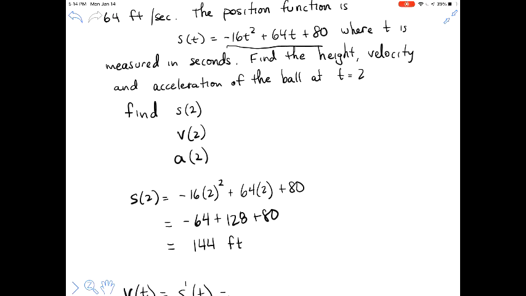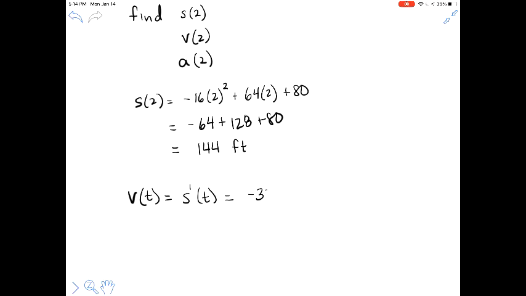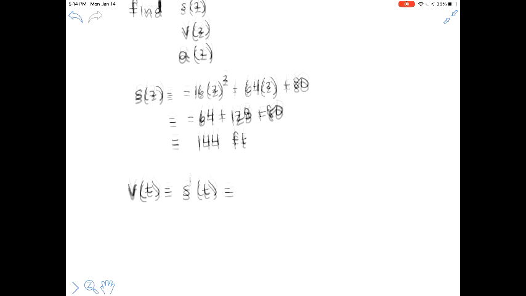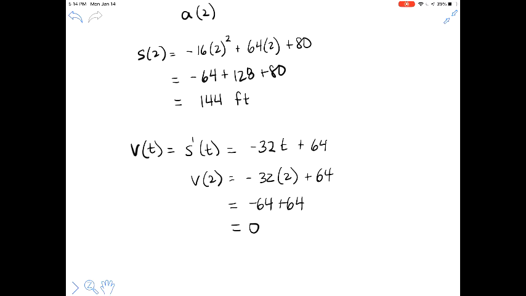If we took the derivative of that function, we're going to get negative 32t plus 64. So now the velocity at 2 seconds is negative 32 times 2 plus 64. So velocity is 0 at 2 seconds.